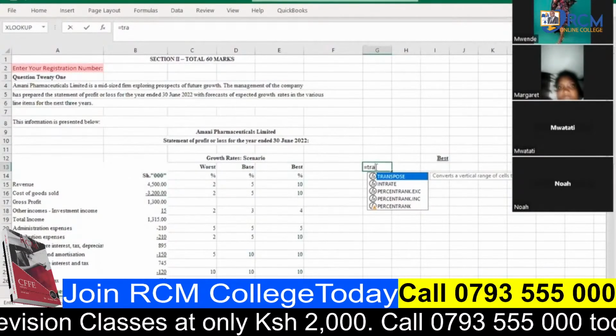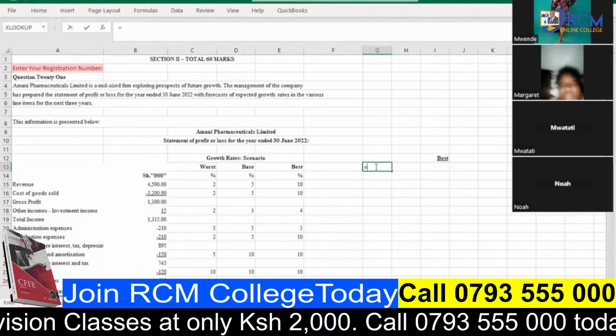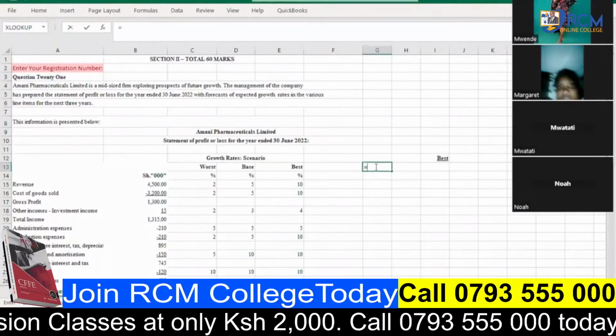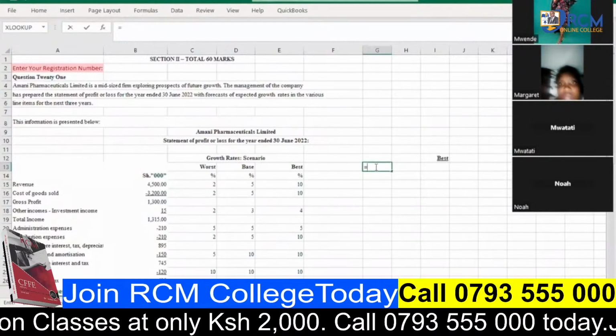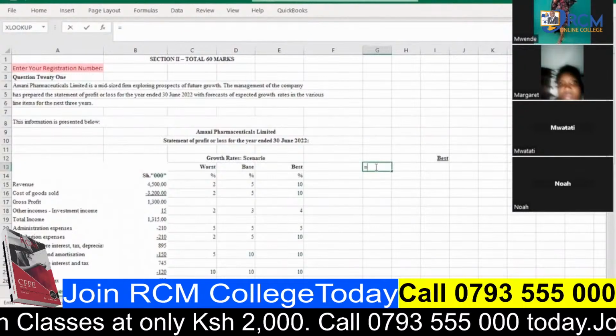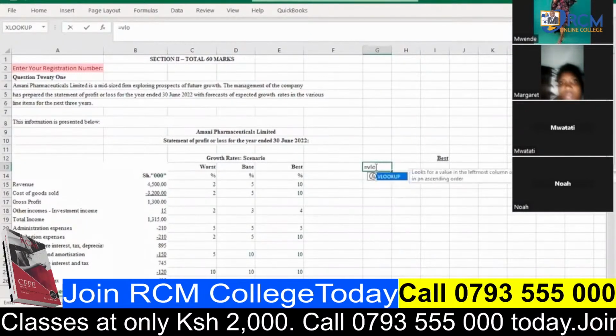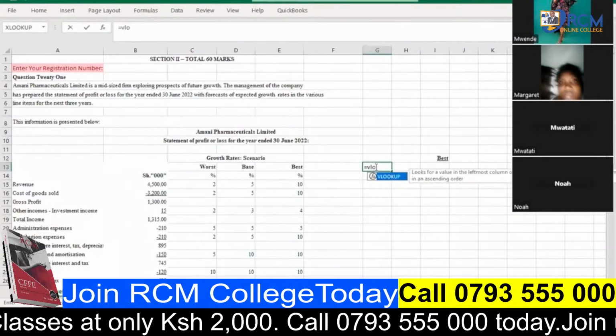Let's get to choice C. We are being given VLOOKUP. Just come to your cell and then they say equal VLOOKUP. So what does it say?